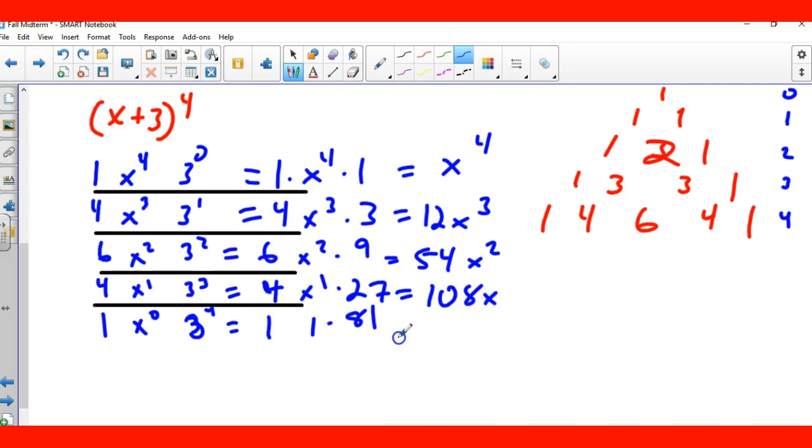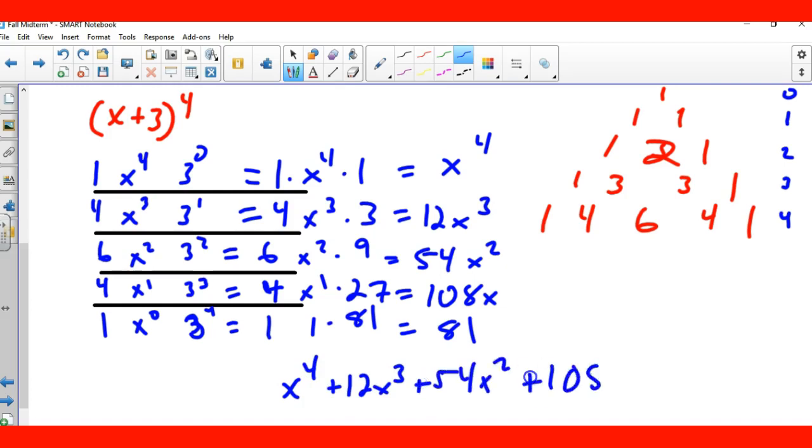And then you have 1 times 1 times 81 is 81. So there's our polynomial, guys. X to the 4th plus 12x cubed plus 54x squared plus 108x plus 81.